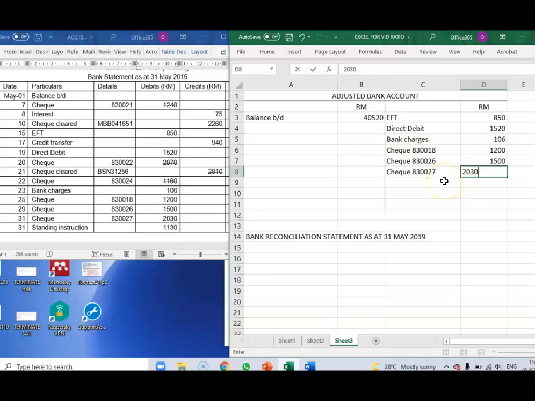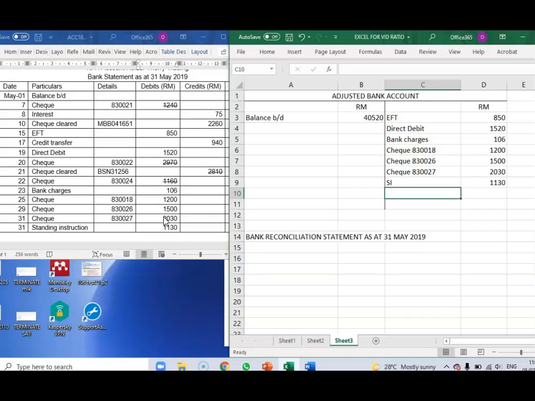Okay, and the last one is standing instructions. You can just put SI, the same as standing instructions, and the amount is 1130. So those are the items from the debit side of your bank statement that have not been slashed.